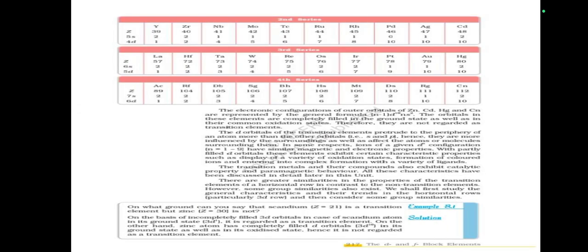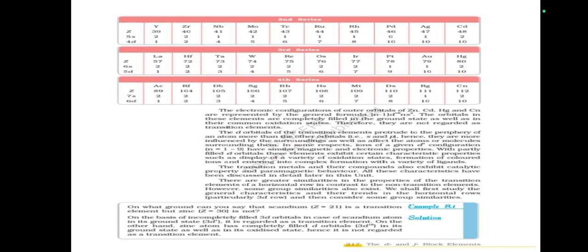The electron configuration of outer orbitals of zinc, cadmium, Hg, and Cn is represented by the general formula (n-1)d10 ns2. The orbitals in these elements are completely filled in the ground state as well as in their common oxidation states. Therefore, they are not regarded as transition elements.